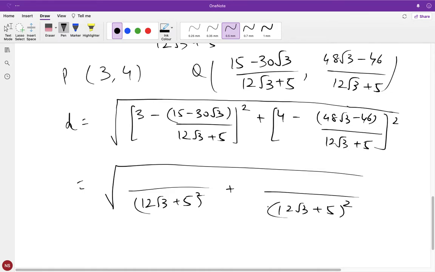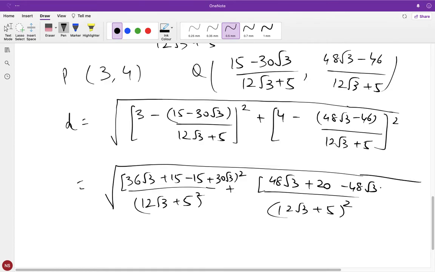I will take this denominator common and outside. Inside there will be 3 times 12 root 3, 36 root 3. 3 times 5 is 15 minus 15 minus minus plus, so 30 root 3 whole square. Over here 12 times 4 is 48 root 3. 4 times 5 is 20 minus 48 root 3, and minus will be plus whole square.